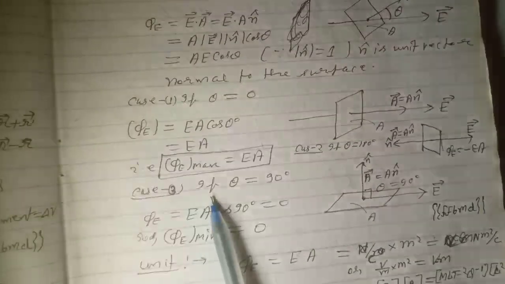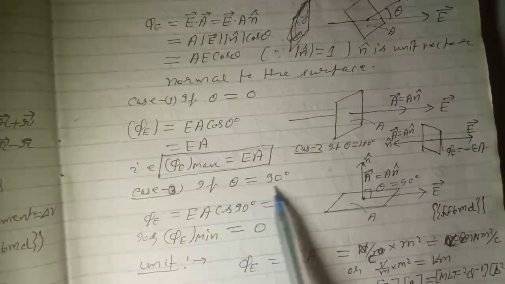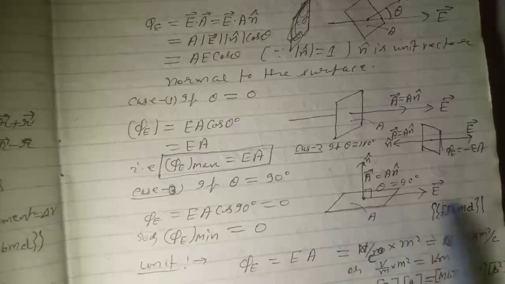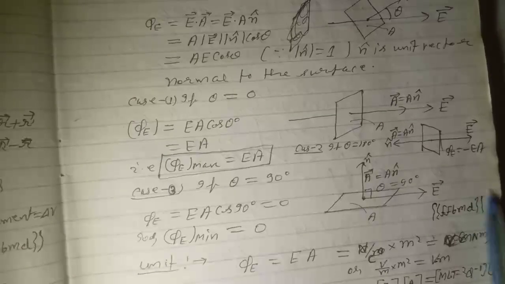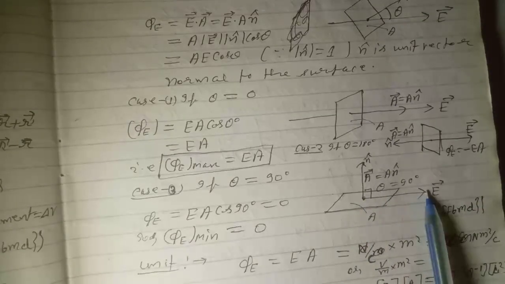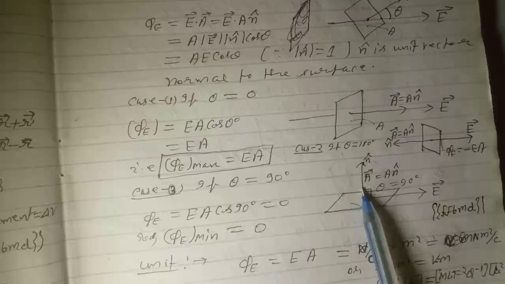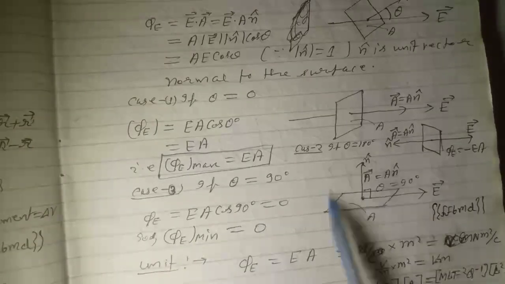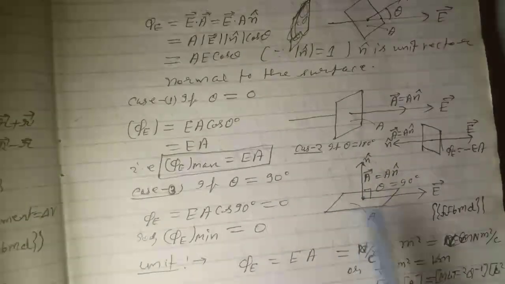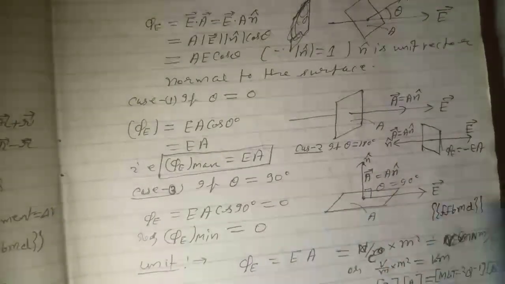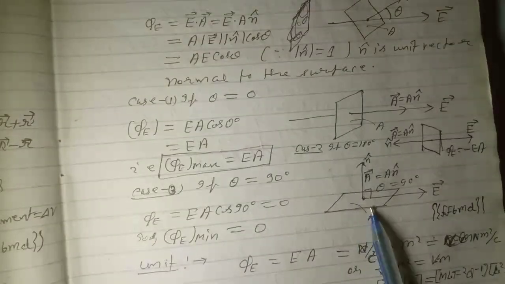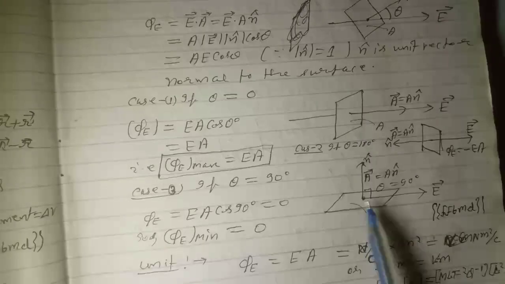Now case 2: if theta equals 90 degrees, this is the case. Here electric field is in this direction, but the area vector is perpendicular to the direction of electric field. For example, this area is like this, and at this point electric field is in this direction, so the area vector, normal to the surface, will be perpendicular to the plane of the paper.